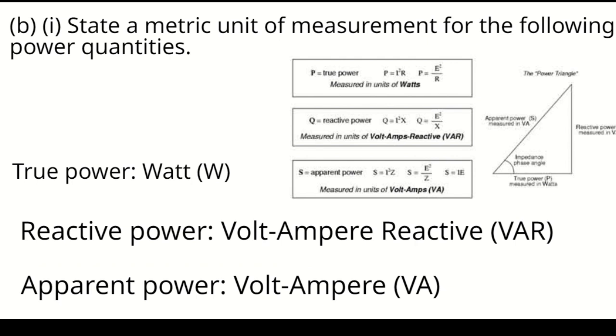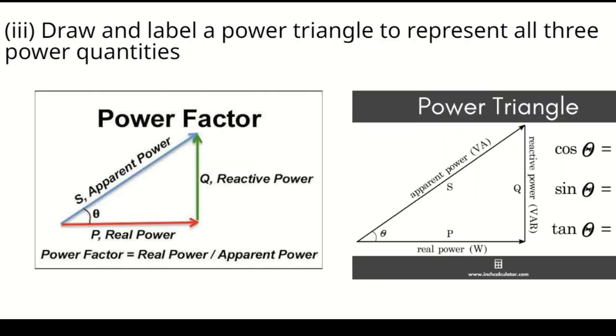So if you identified the true power, reactive power, and apparent power, then when you get to part 3, which asks you to draw and label the power triangle, you should not have much difficulty.